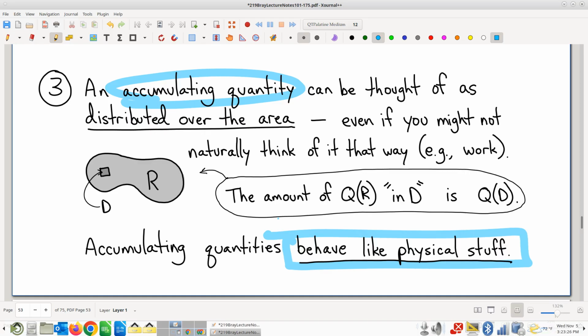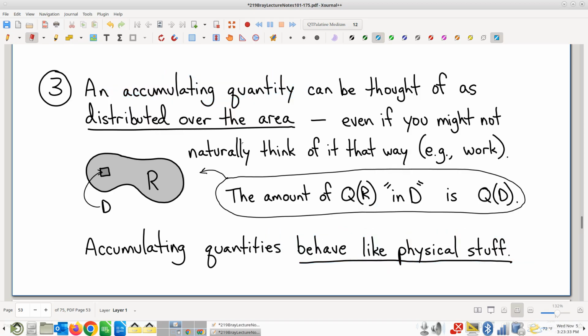Now, what an outrageous suggestion, and a nice example of this seeming very unnatural is let's think about work. Looking at this region right here, I like to think of this as the bottom of a swimming pool, like a backyard swimming pool. Maybe somebody drained the pool, and we've got to get down on our hands and knees with a toothbrush and clean all the mold or mildew off the bottom of the pool.